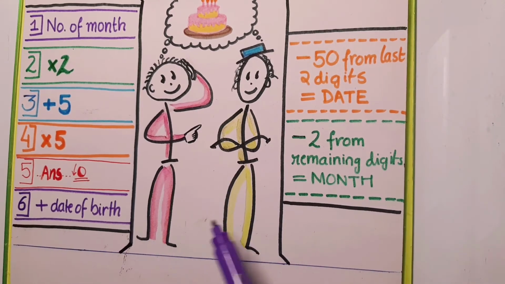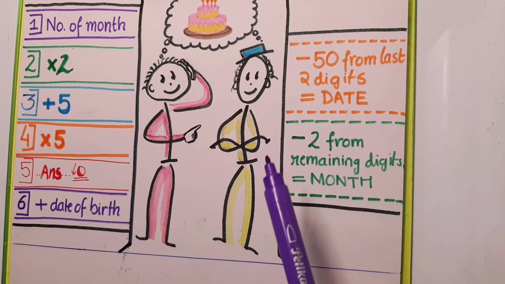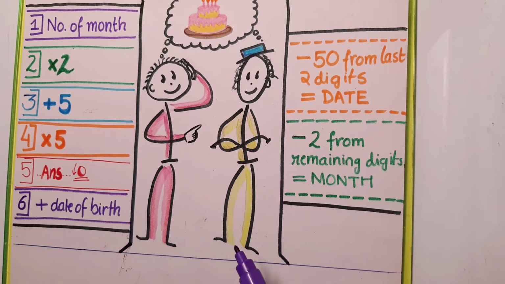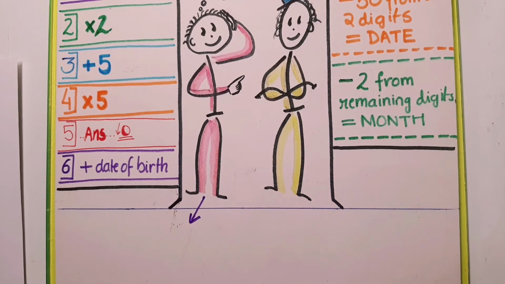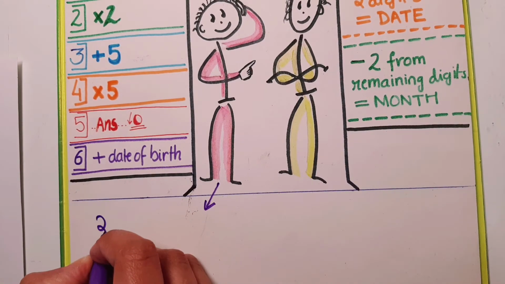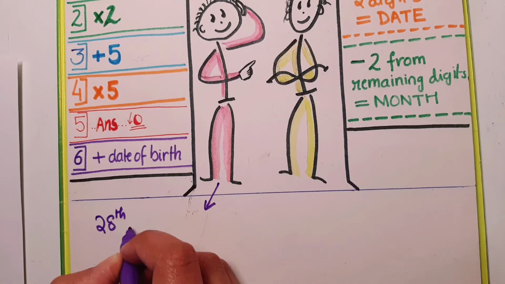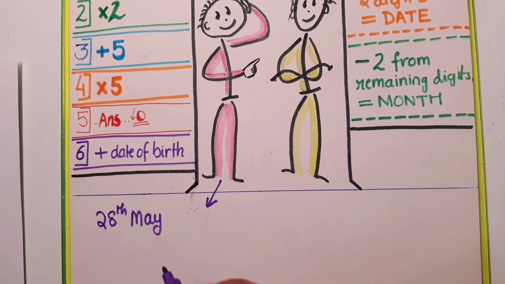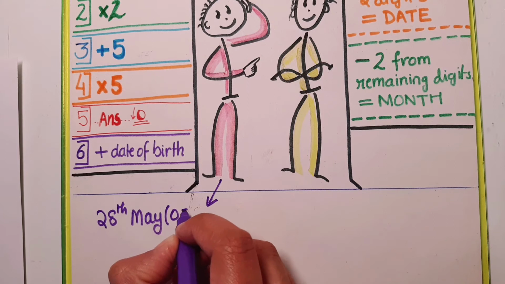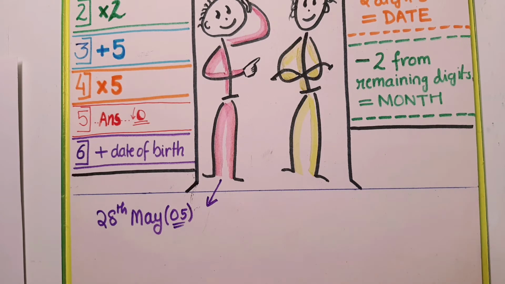And now I will just explain it using a simple example, just so that we understand this. So let's suppose that this person's birthday is on the 28th of May, right? So our number of the month is going to be 5, right?